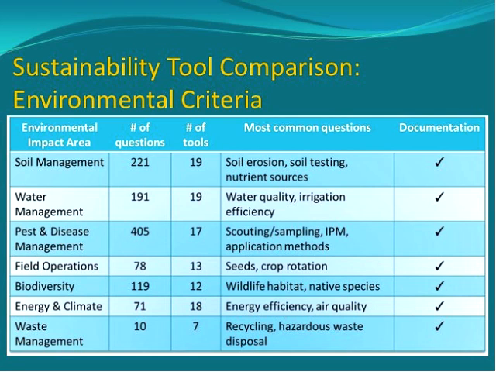I won't go into this chart in any great detail, but you can see just by taking a glance at it that the top 3 categories, soil management, water management, and pest and disease management, are focused on by most of the standards. I looked at 22, and 19 looked at soil management, 19 looked at water management, 17 looked at pest and disease management, compared to 7 that looked at waste management.